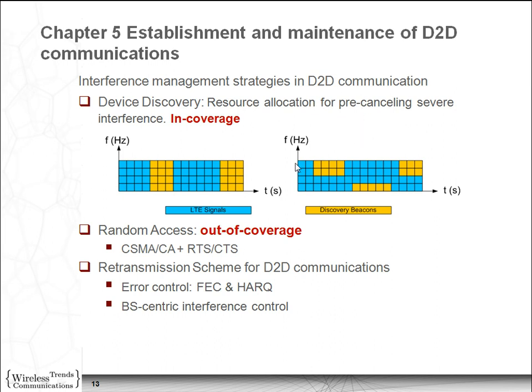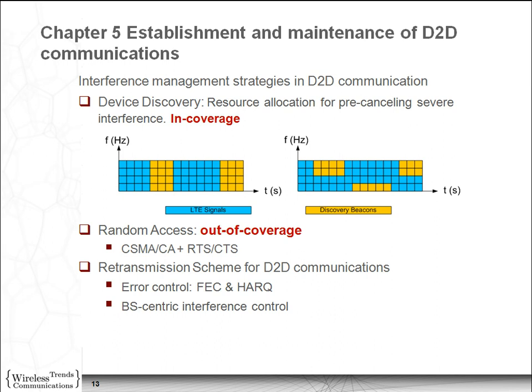On the other hand, if we are out of coverage, if the devices cannot talk to the base station directly, but they can talk to each other, well, they can use a random access approach, right? So that means that they have this collision domain that they need to handle. They need to do this ready to send, clear to send.